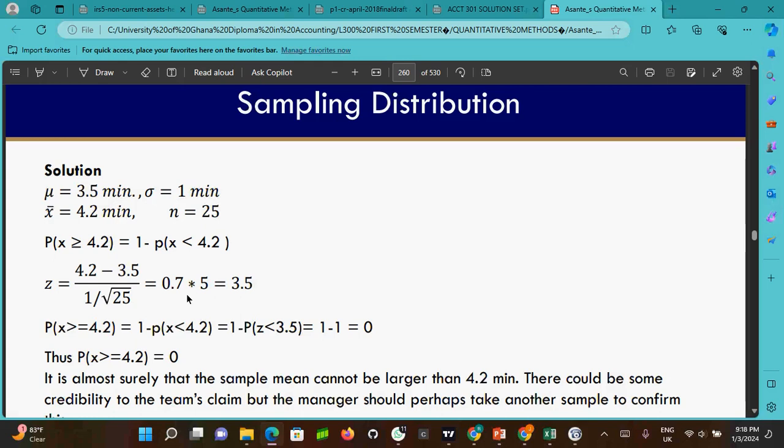So 4.2 minus 3.5 all over 1 over the root of 25, which is 5. That's why they've gotten this. If you remember the division, if it's 1 over 5 and you are dividing, you interchange it and then multiply.